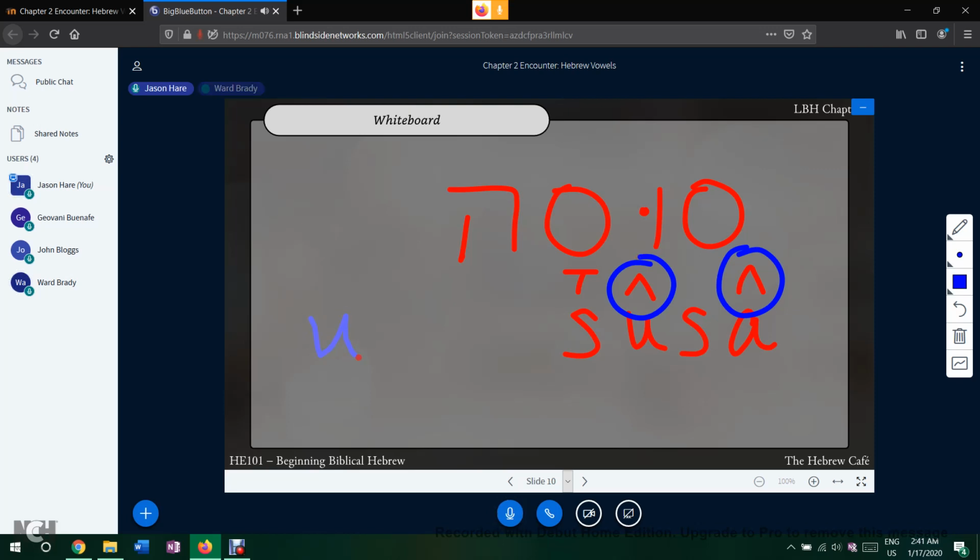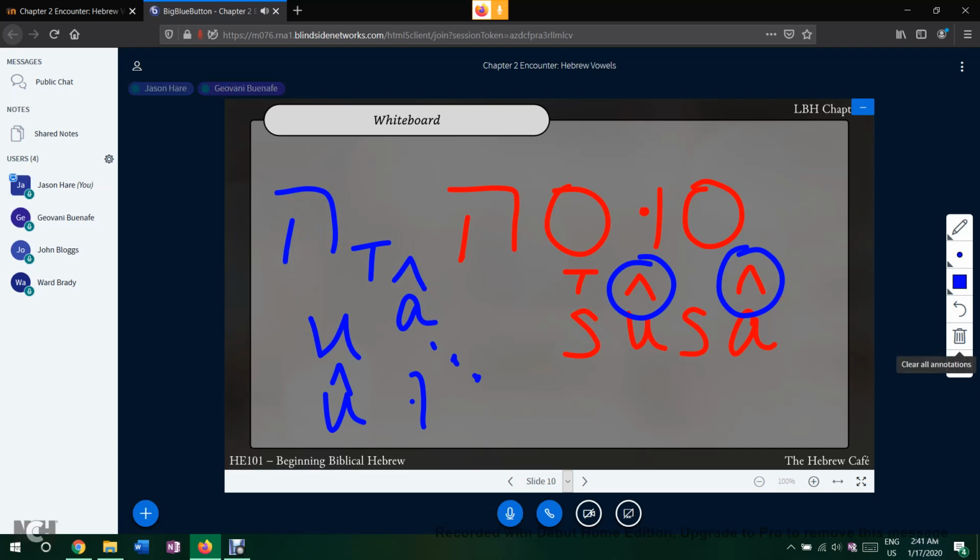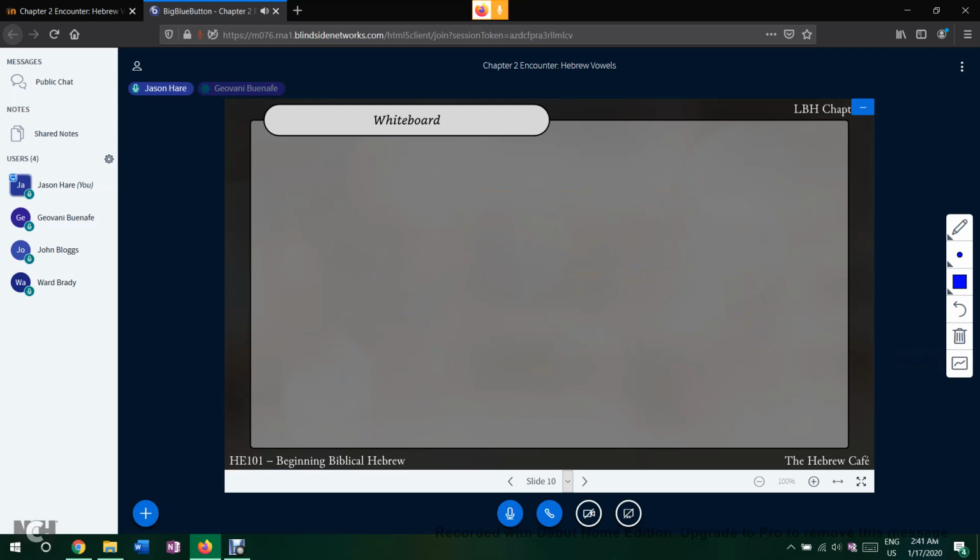So this means kubutz. This means shuruk. Okay, that's the way it's written. So the hey with the kamatz is written as a with the caret. The caret just means that it's a vowel letter. Not important because you're not doing transcription, but there's a difference in how you write it.